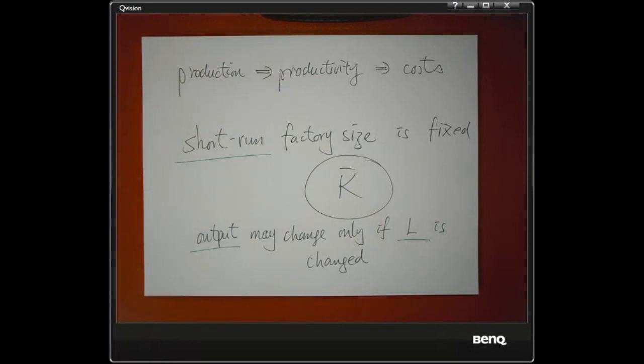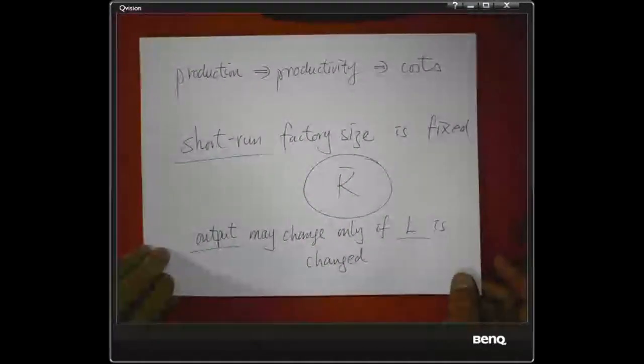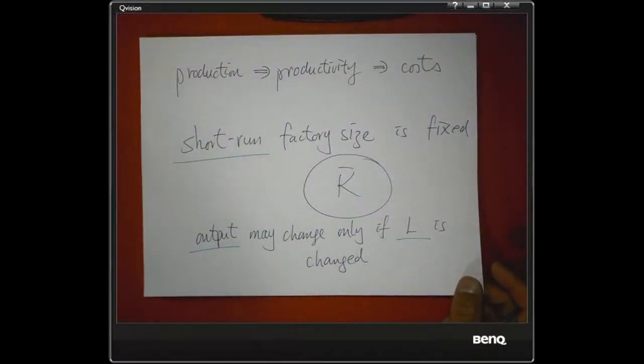If you want to change the output that you produce, you only need to change the labor inputs that you use. And now, next, the relationship between outputs and labor inputs.